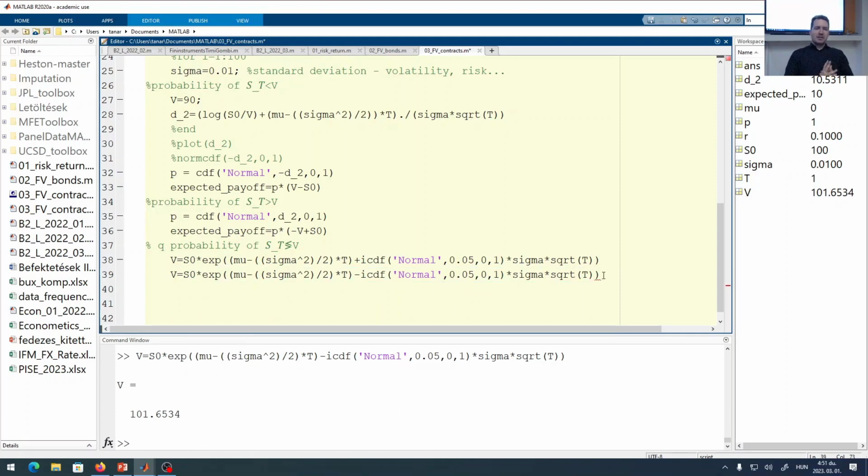So if you would like to have this setup, okay, what is the probability of being over or under the threshold value? Sorry, we know the probability, but what will be the threshold value if we are saying that there can be a 5% chance of movement?